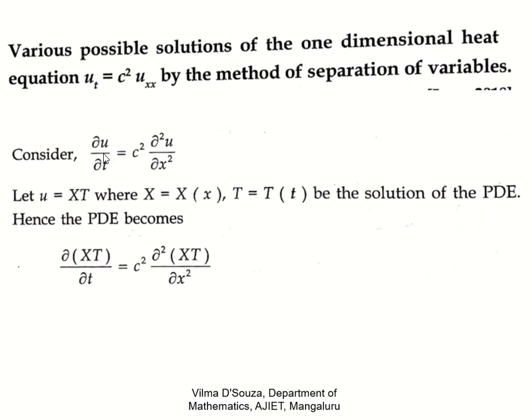So hence the PDE becomes dou by dou t of u, dou by dou t of x into t is equal to c square dou square by dou x square of u, that is c square dou square by dou x square of xt. So as in the previous case, here also x is a function of x, so capital X you can take out and capital T is a function of t alone, so it becomes x into dt by dt.